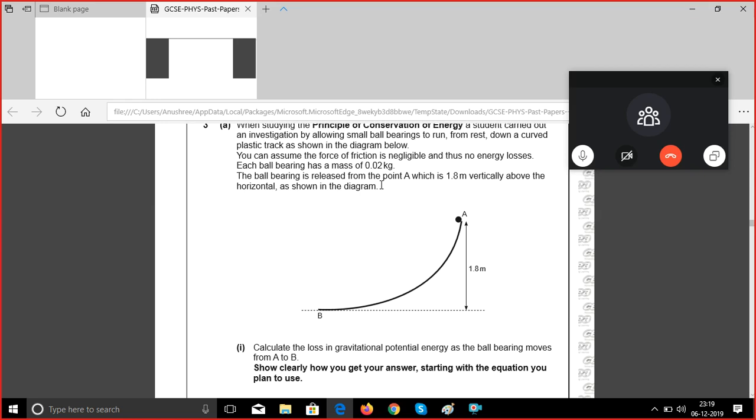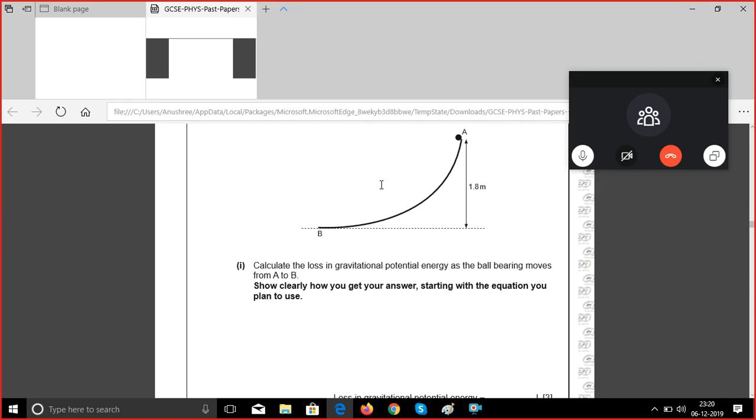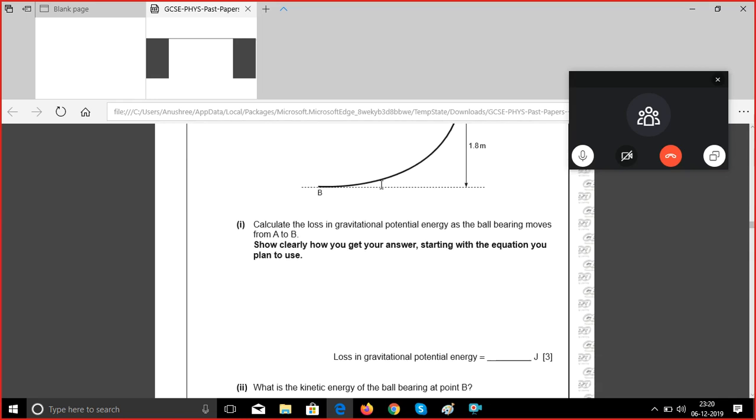So g is, either you can take it as 9.8 or you can take 10. Okay, 10. And the height was 1.8 meters.